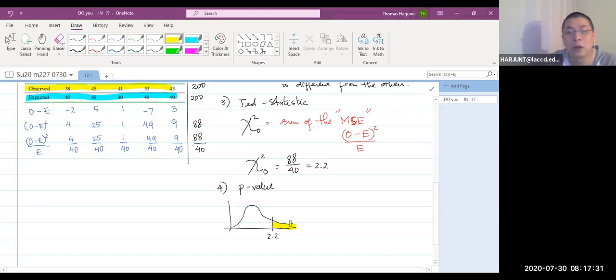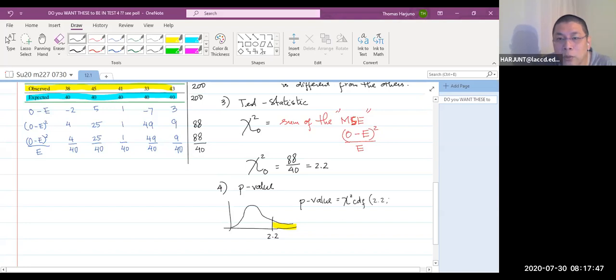Okay, degree of freedom is 4. So the p-value will be chi-squared CDF, 2.2 to E99, degree of freedom 4.